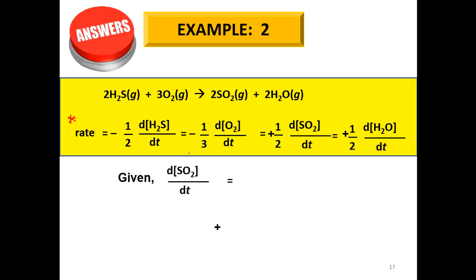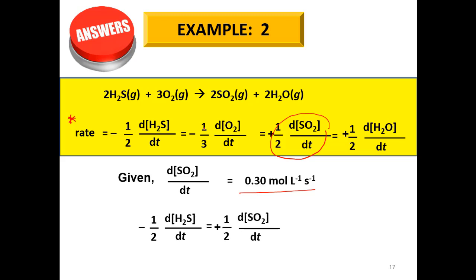Yang diberi sekarang adalah rate of formation of SO2 sulfur dioxide, which is 0.3 mole per liter per second. So yang ni nanti kita boleh samakan dengan mana-mana kuantiti yang kita nak cari. Sebagai contoh, kita nak cari rate of disappearance of hydrogen sulfide. So kita boleh samakan yang ni dengan yang ni, kita samakan mereka berdua macam ni.